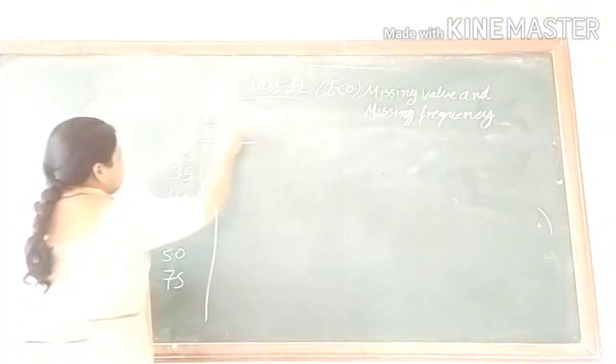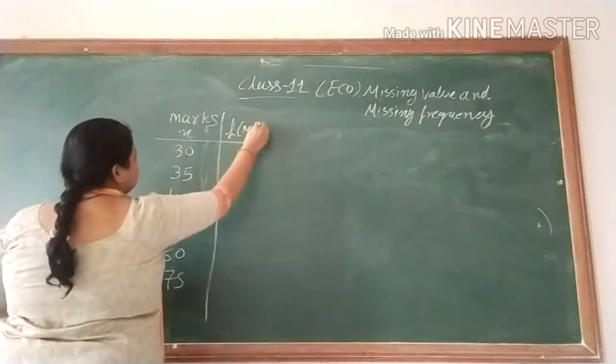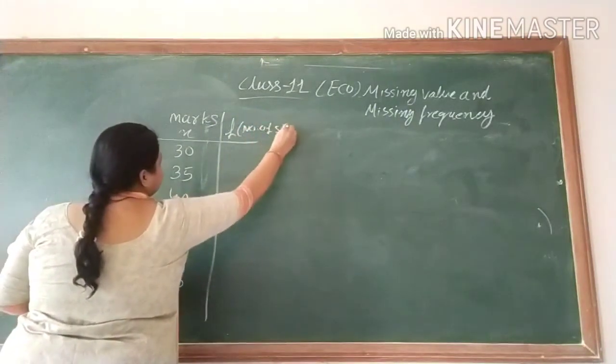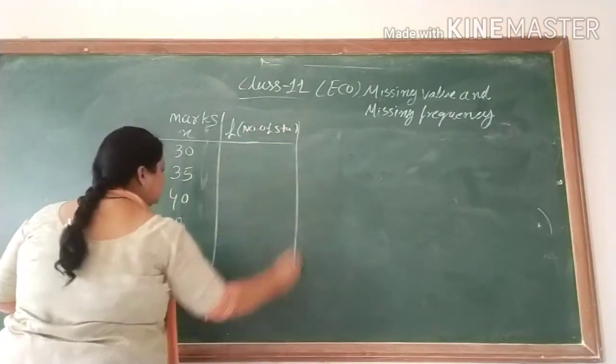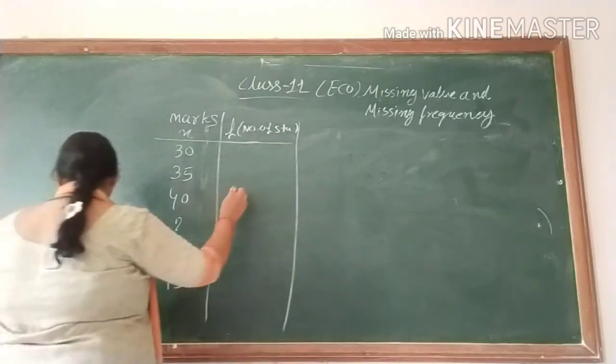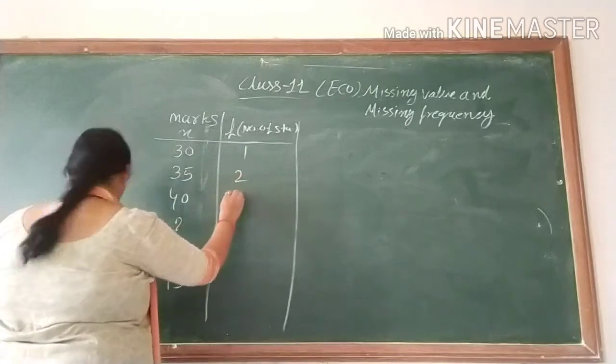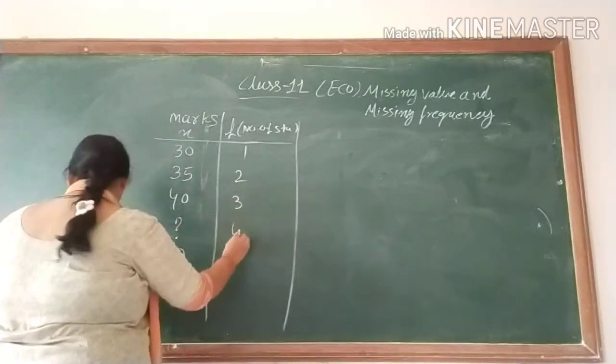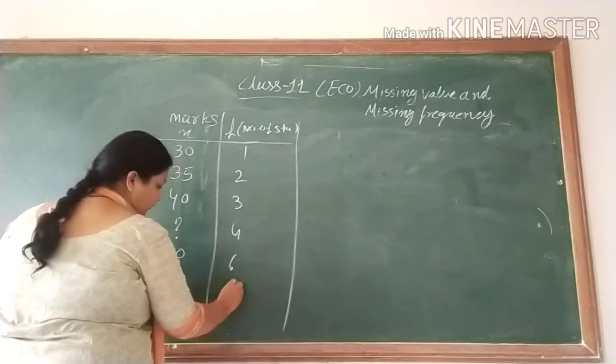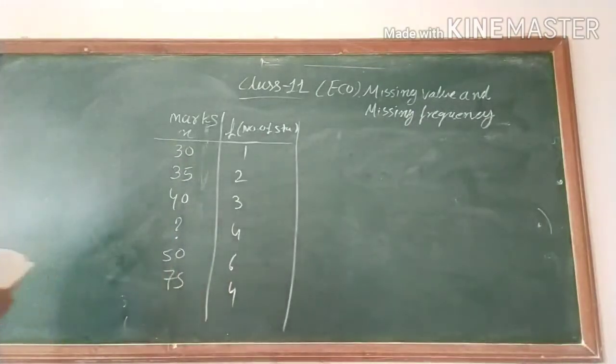Now frequency, it means number of students: 1, 2, 3, 4, 6 and 4. This frequency is given to you.